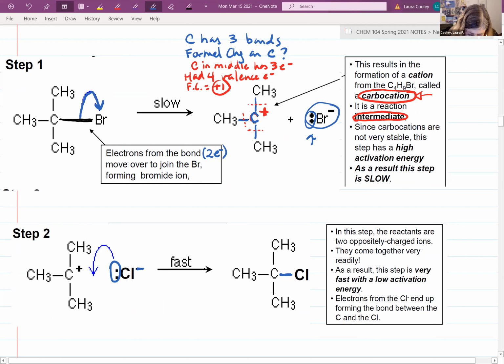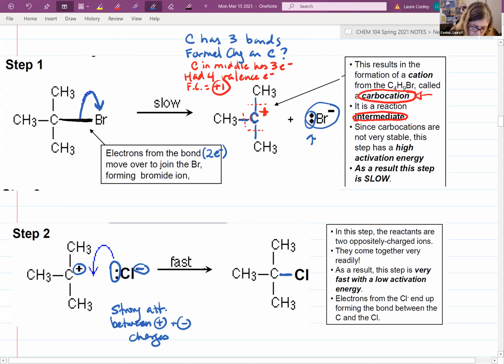And you could see this guy has a negative charge and this guy has a positive charge. There is a very strong attraction between the plus and minus charges. That's going to make this reaction happen very readily.